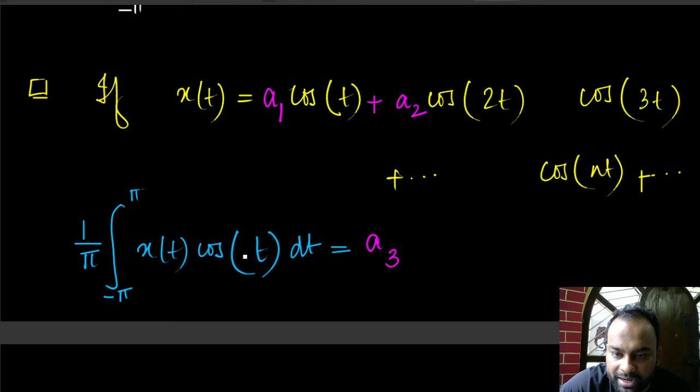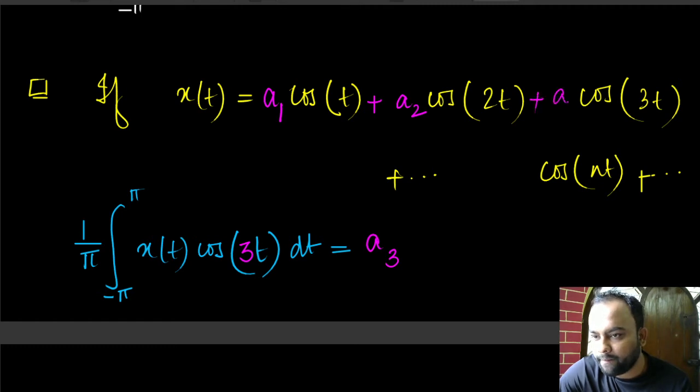Similarly, if I multiply the signal with cos 3t, we can have that.